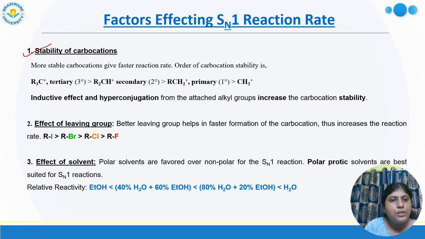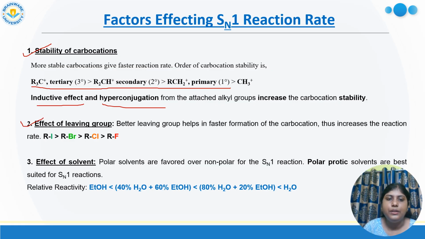The carbocation, if it is a 3-degree carbocation, is more stabilized than a 2-degree carbocation, than a primary carbocation. So the 3-degree or tertiary carbocation is most stable, more than 2-degree and primary carbocation, because of inductive effect and hyperconjugation effect.